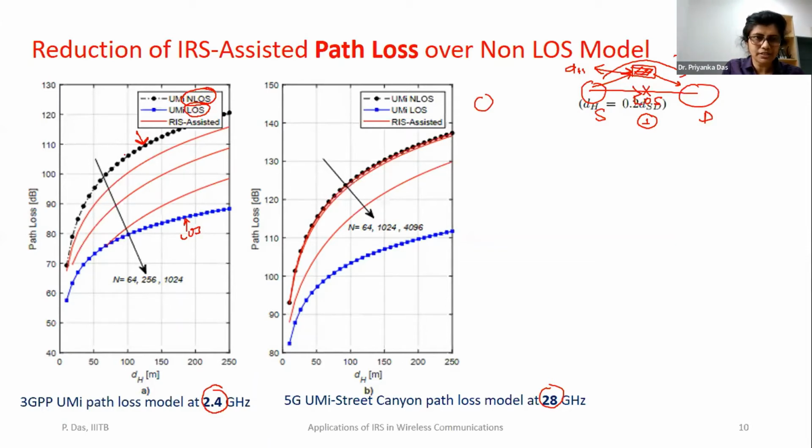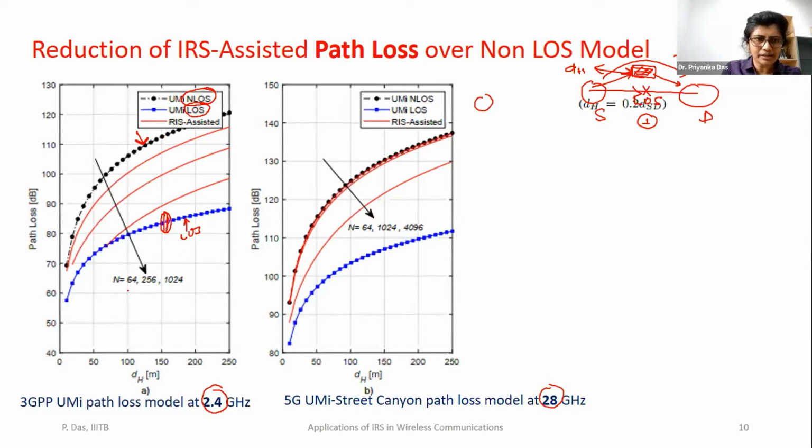And the path loss increases if the distance between this and this is increasing. So consider there is no IRS and you assume the path loss should be high. Now you assume that there is a line of sight, the path loss will be less, which is also obvious.